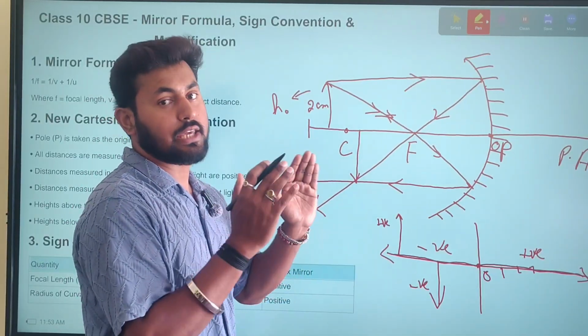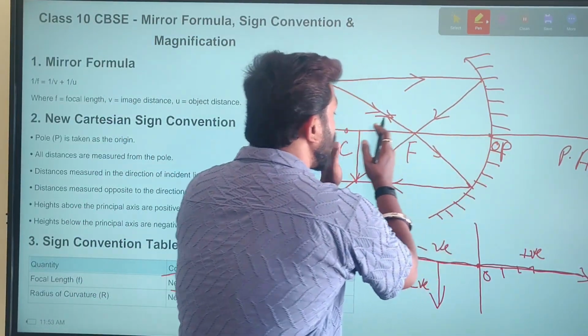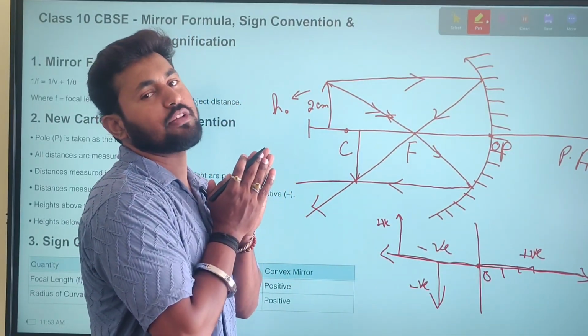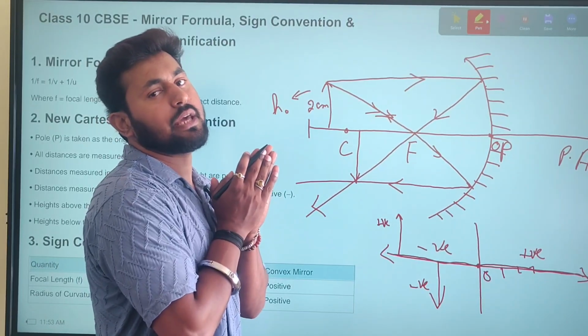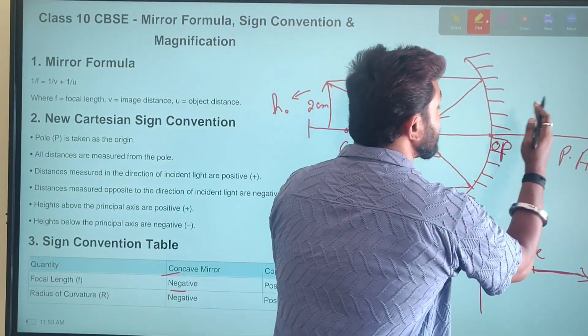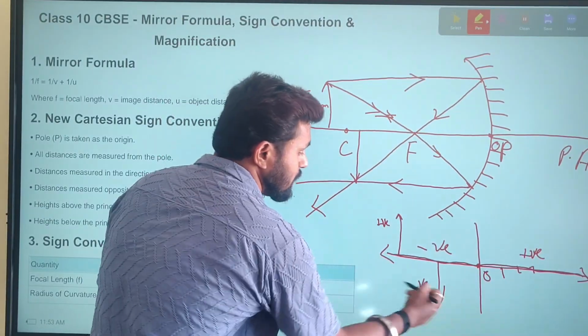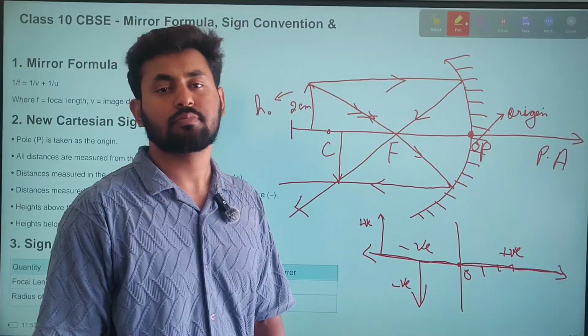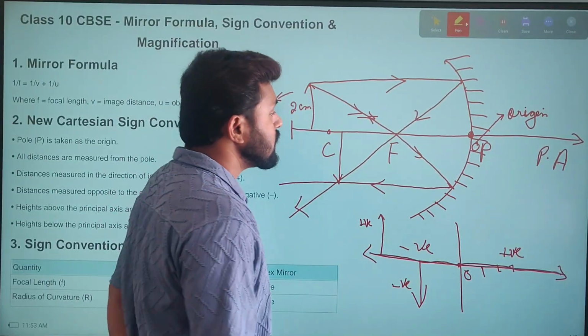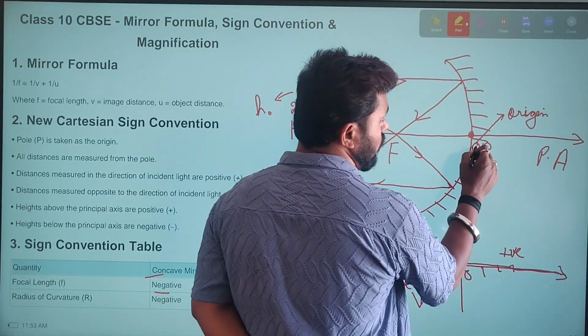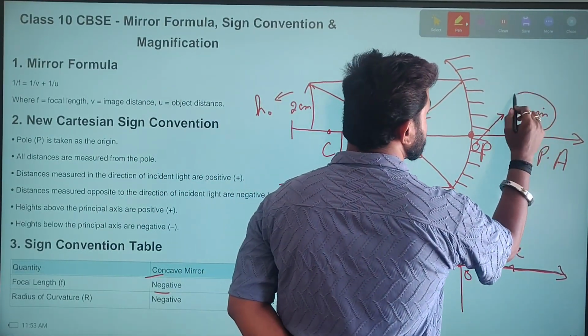Whatever we take to the left hand side of the origin will be negative, and whatever we take to the right hand side of the origin will be positive. The same thing has been shown below. This point that I showed you, the O, is nothing but the origin.